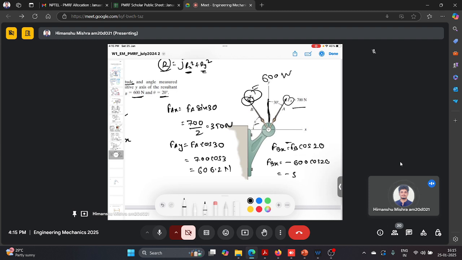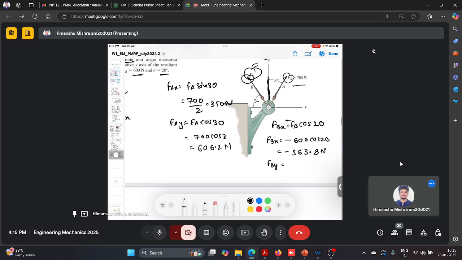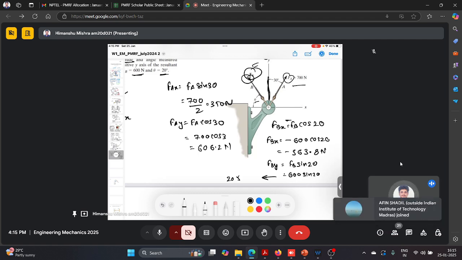so it is 563.8 Newton, and Fby will be Fb sine 20. So it will come out to be 205.212 Newton, right?